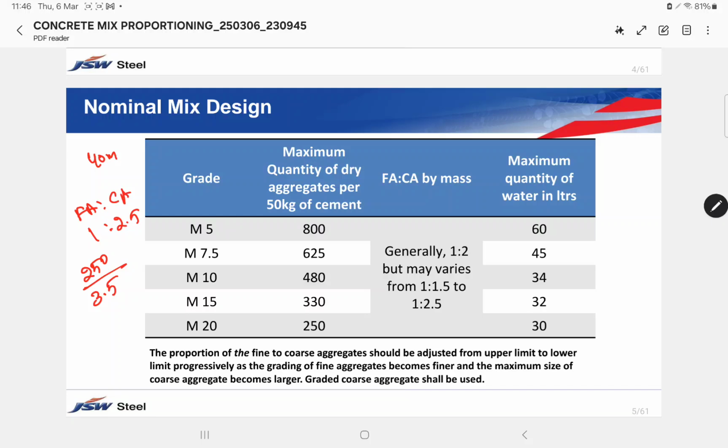So 250 divided by 3.5 is approximately 71, and the remaining quantity will be 179. So this will be my fine aggregate content, and this will be my coarse aggregate content. So depending upon the maximum size of aggregate that you are using, this ratio will change.